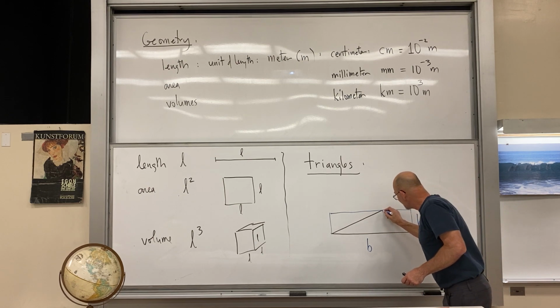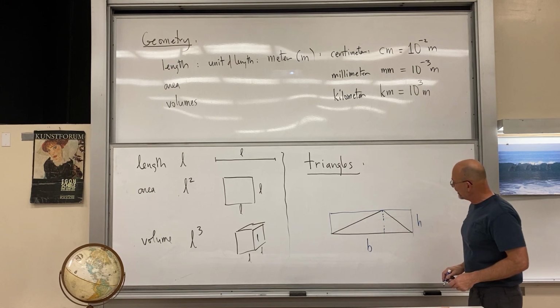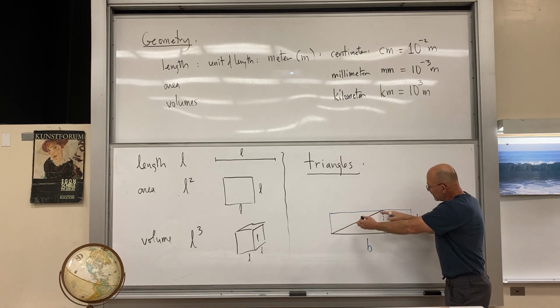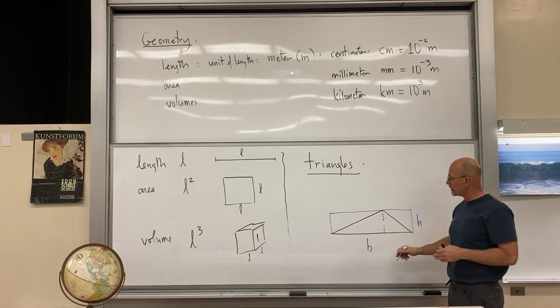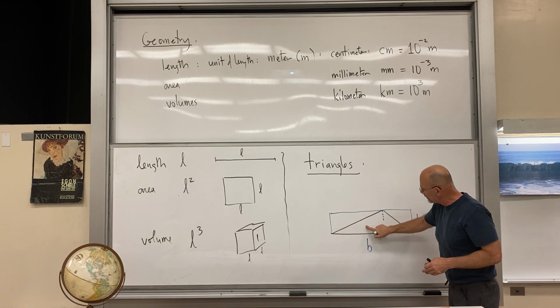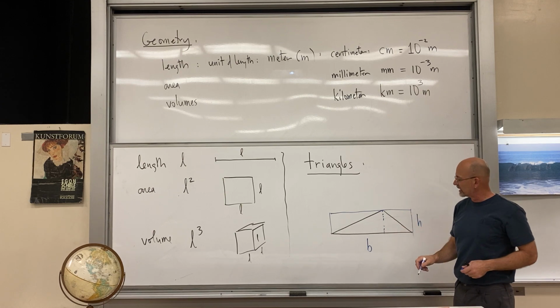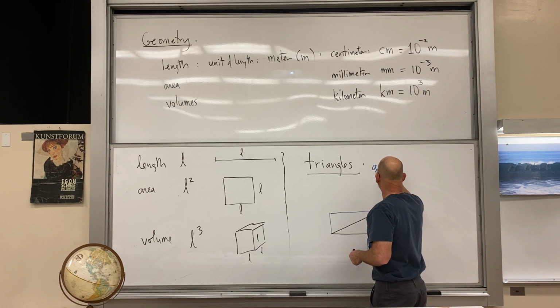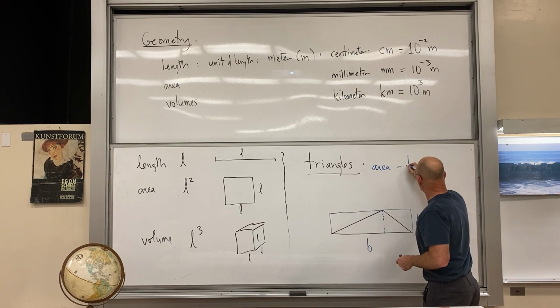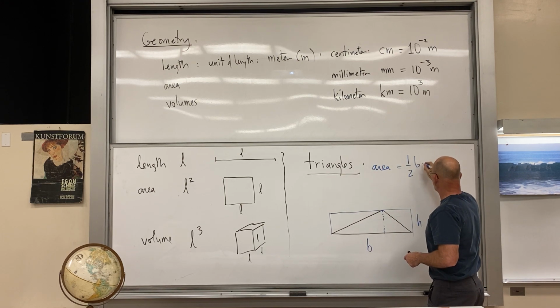Now I see a symmetry here. And so the area bounded by this triangle is apparently 1/2 the area of the rectangle, because these two are equal and these two are equal. So area equals 1/2 base times height.